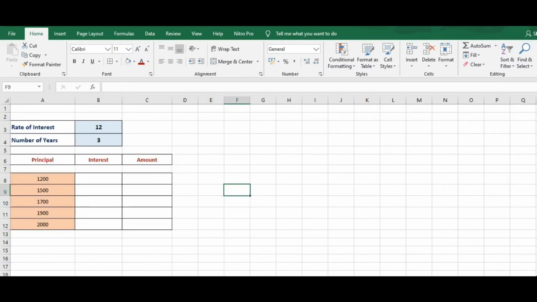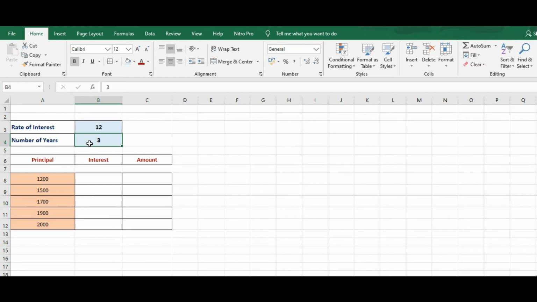Now the next one is absolute referencing. Absolute referencing is used when we do not want to change the address of the cells when a formula is copied from one cell to another cell. Consider this portion of the worksheet. I have designed this worksheet to calculate the simple interest and the amount after interest at a certain number of years at a given rate.